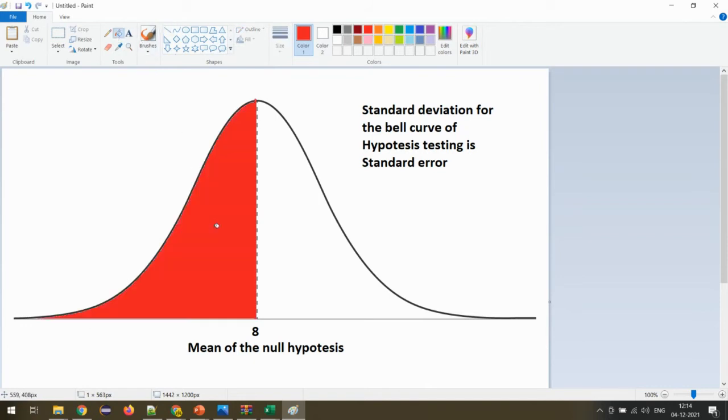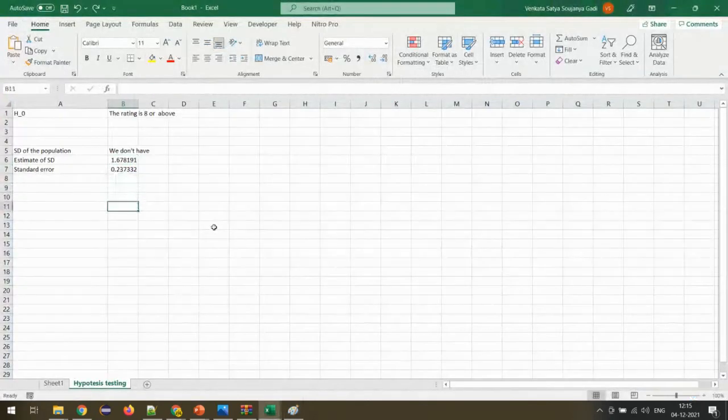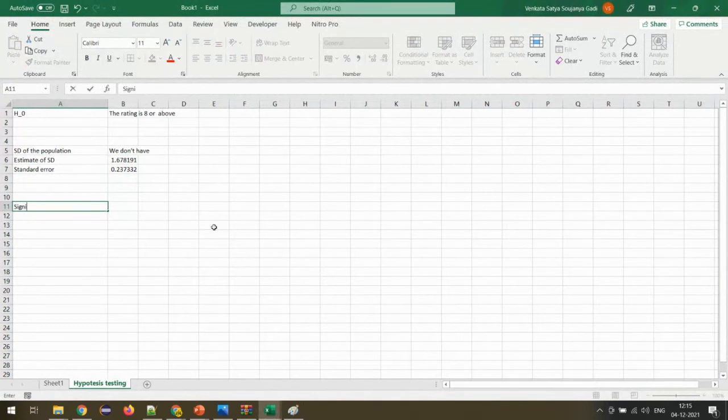This is true, but here we are not considering the type 1 error, because there is a possibility of type 1 error. To consider it, we have to minimize the type 1 error. The type 1 error gives the probability of making that mistake, so we call it the significance level. We have to decide how much significance level we want. Significance level is also called alpha.